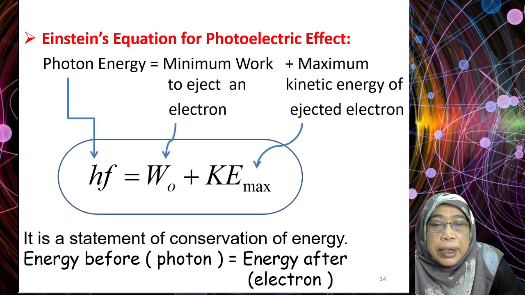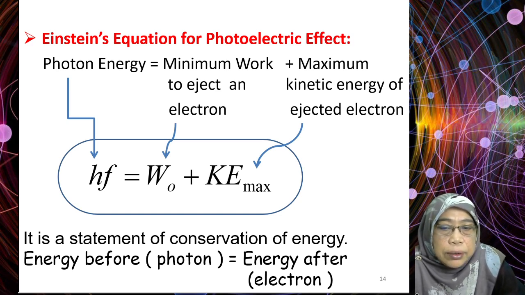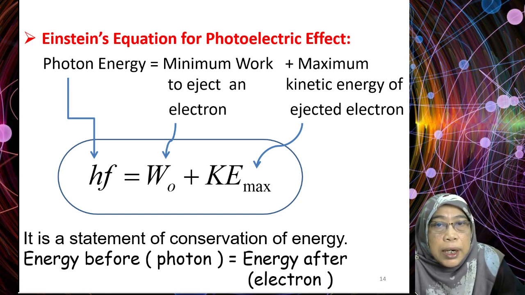So to summarize, the Einstein equation for the photoelectric effect is basically the conservation of energy. Energy in equal to energy out, or energy before equal to energy after. Energy before comes from the photon energy. How to calculate photon energy?